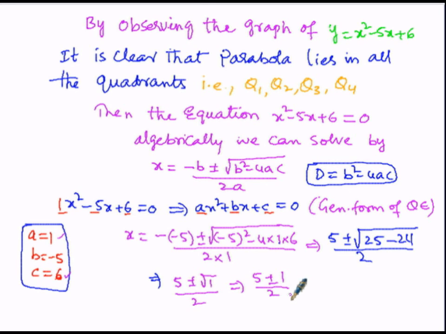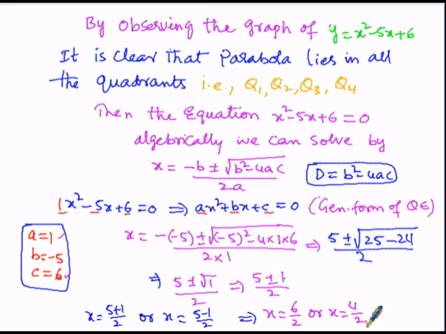So we got two values. Those are x equals 5 plus 1 divided by 2, or x equals 5 minus 1 overall divided by 2. That implies 5 plus 1 is 6, 6 overall divided by 2, or 5 minus 1 is 4, overall divided by 2.